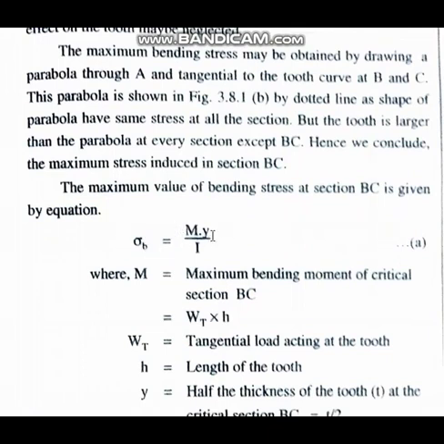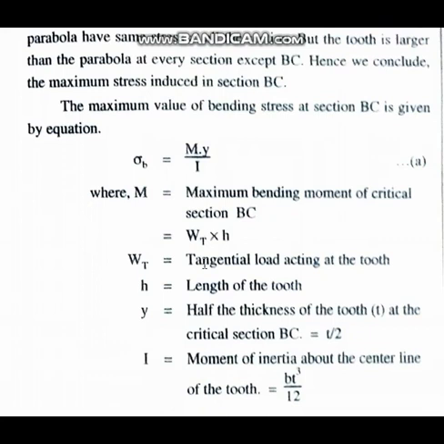You know the bending equation, sigma B by Y is M upon I. Otherwise you can write it as sigma B is equal to M into Y upon I. Now what is M? M is the bending moment at the support, or at the section BC. Y is the distance of the neutral axis from the extreme fiber.